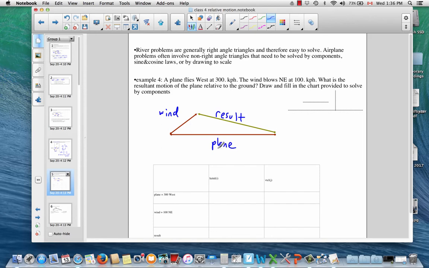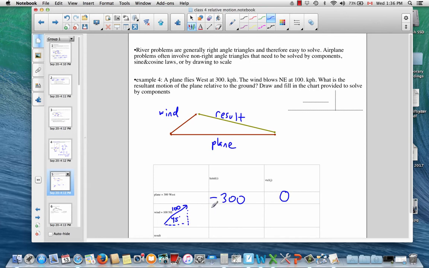Now we practiced that last class, so we know that one way to do that is to find the components. For the plane vector, it's pretty easy because there's no up and down component, and this is to the left 300 kilometers per hour, and we'll just stick with kph units. Now for the wind vector, it's northeast, which means 45 degrees. So it's 100 at 45 degrees, and we want to find its x component and its y component.